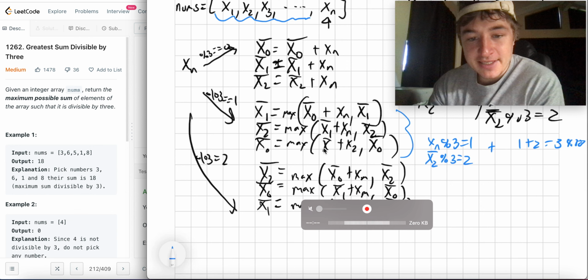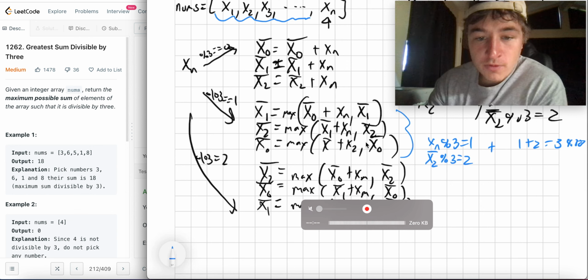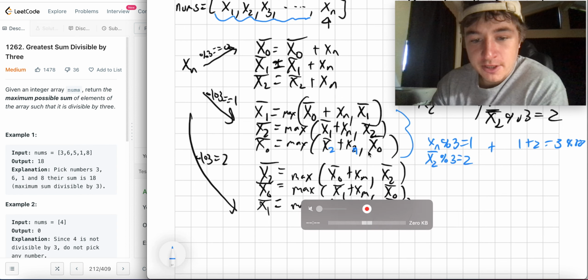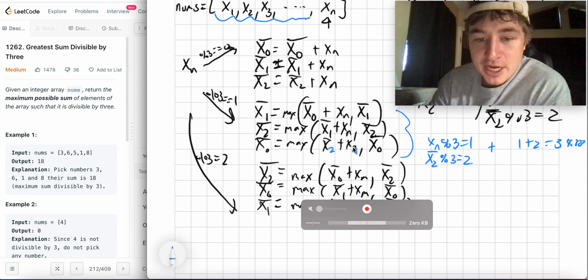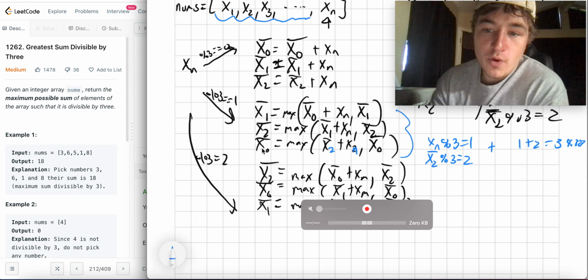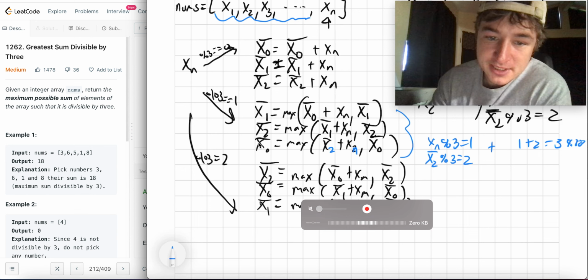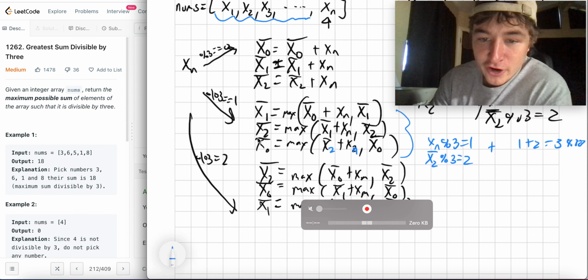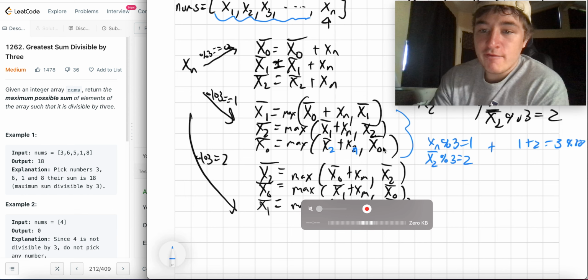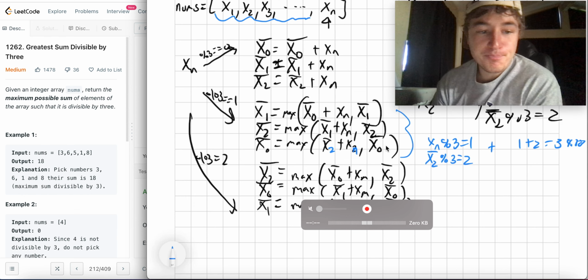So if I take x, which I know mod 3 equals 1 because I'm down this case, and I add it to x2, which I know mod 3 equals 2, together they'll get mod 3 equals 0. So I can increase whatever I think my largest mod 3 system equaling 0 is by using this new system, or I can use whatever it already was because maybe it's better before.